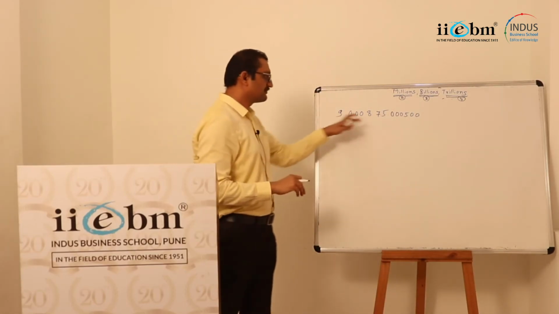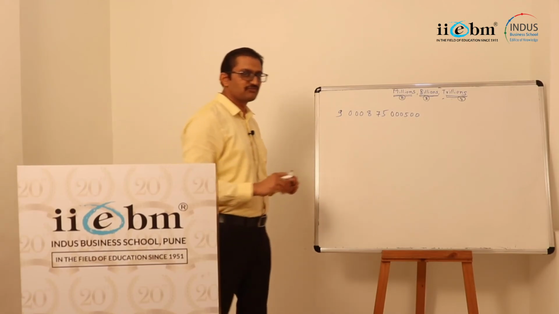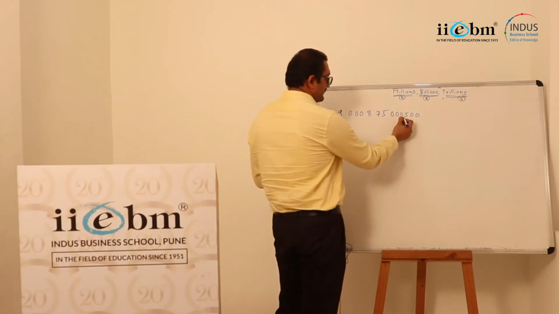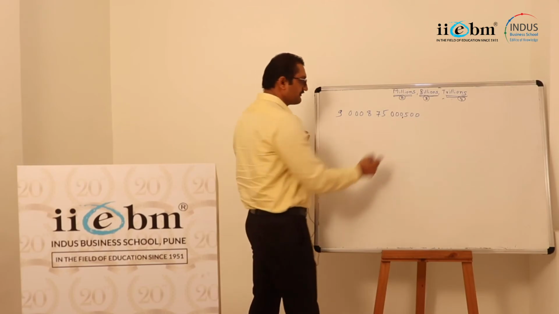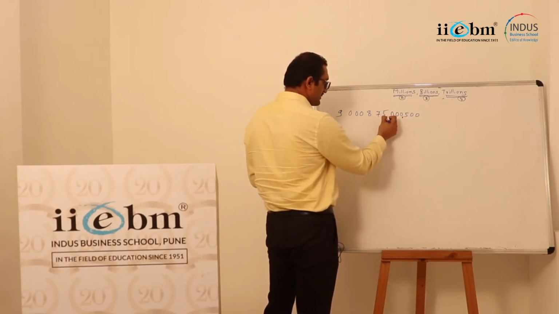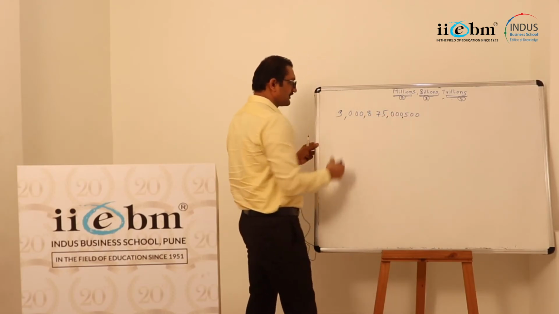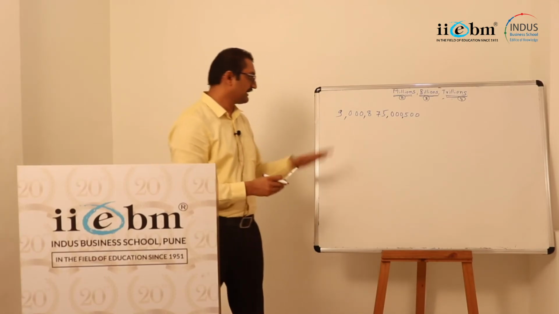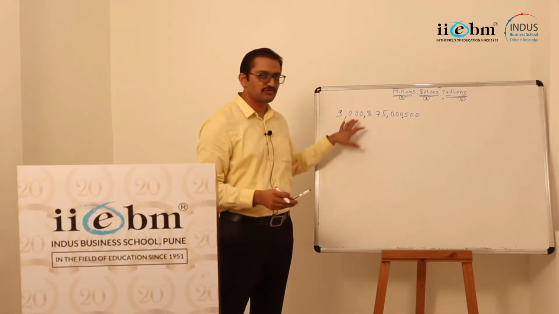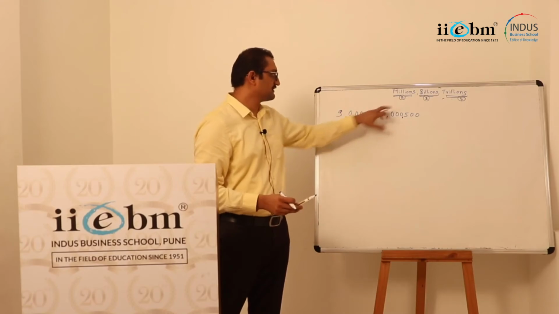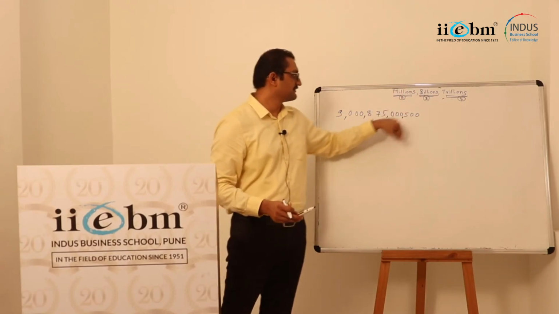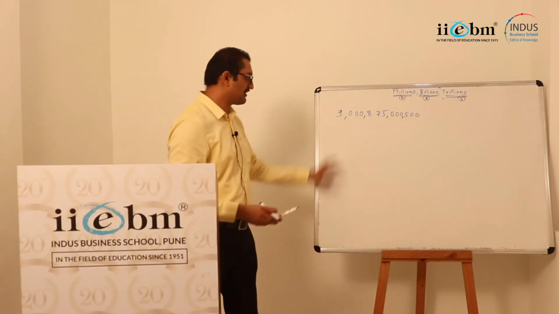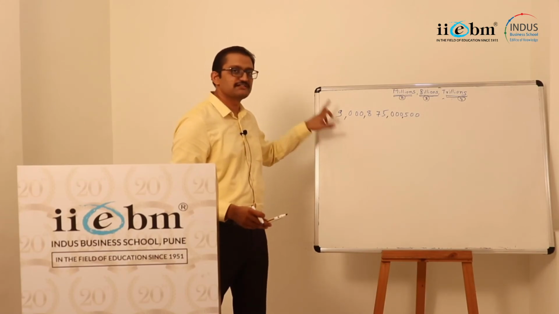If I want to read this particular number, what I am supposed to do is start dividing these digits into groups of 3. Now I can see that I have 4 commas or 4 periods. Now this number is in trillions. So how many trillion? This number is 9 trillion.